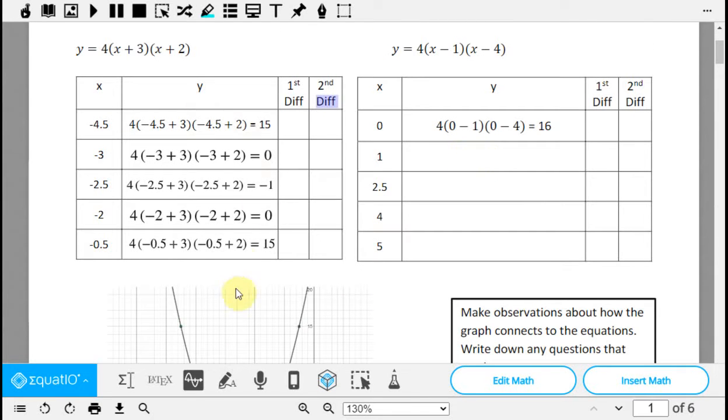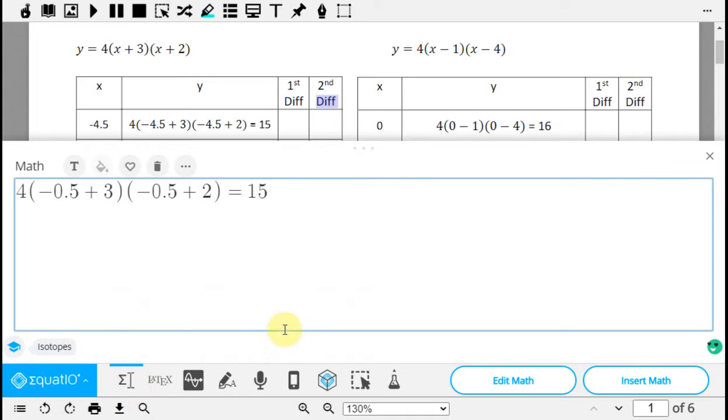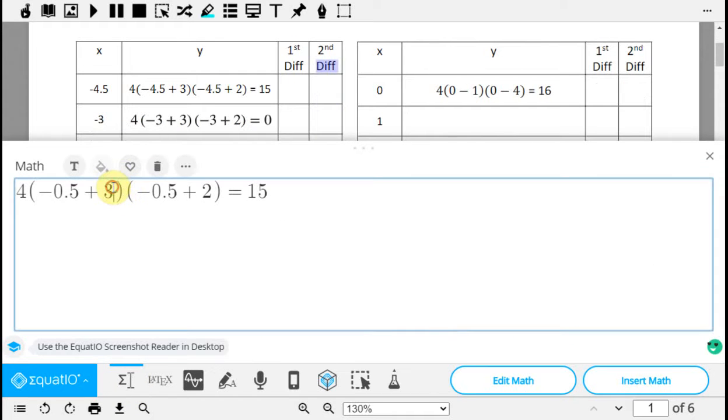We'll go ahead and fill these values in. We will have 1 minus 1 and 1 minus 4. Similar to the other question we did, we have a situation where 1 minus 1 is 0. 0 times anything is 0.